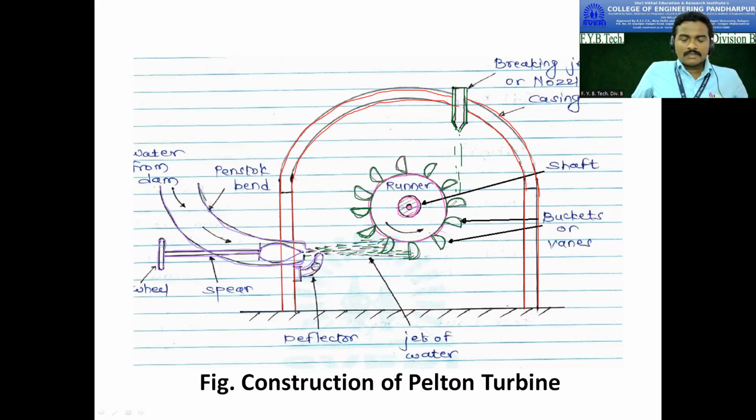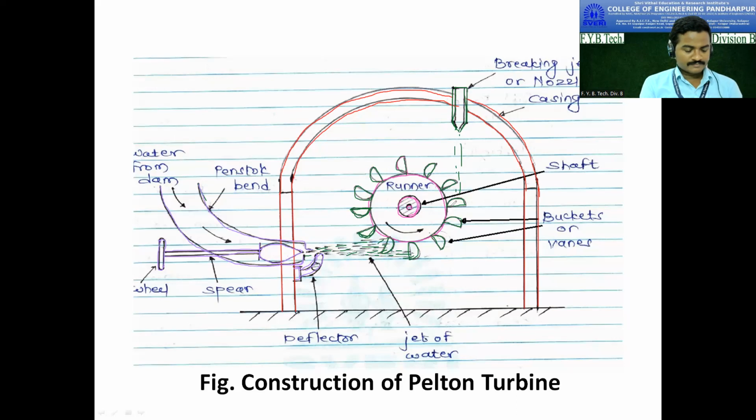Next paragraph. The spear is operated automatically to increase or decrease the amount of water flow as per the load, full stop.